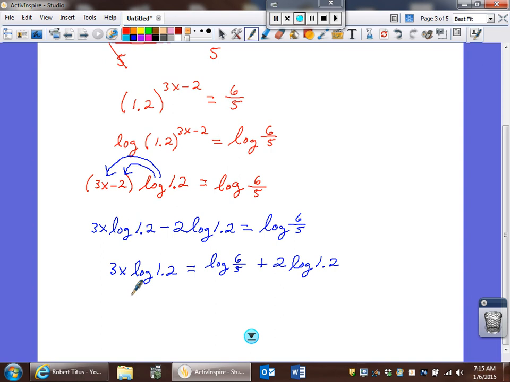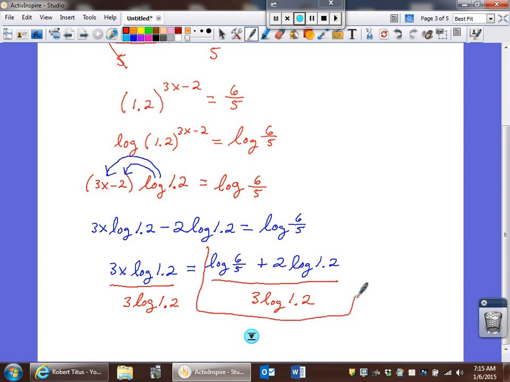And we're going to go ahead and divide off everything that's not an x here. So let me go ahead and change colors here so you can see this. I'm going to divide off the 3, the log of 1.2, and whatever you do to one side, you're going to do to the other, which is 3 log 1.2. This right here is your exact answer to the problem, because x is by itself.